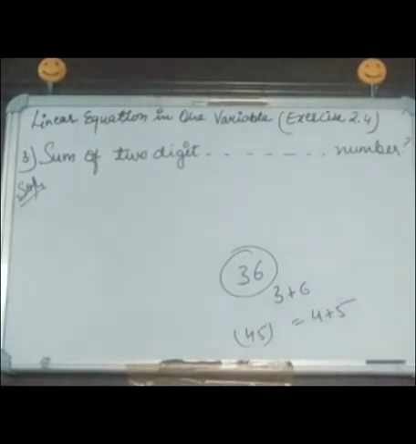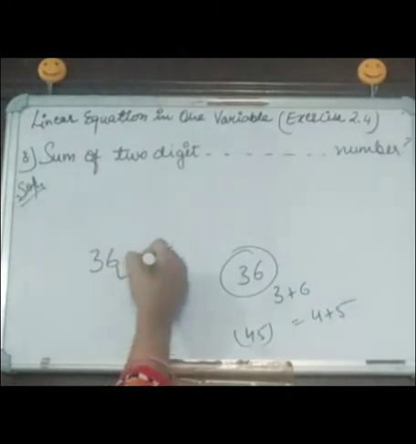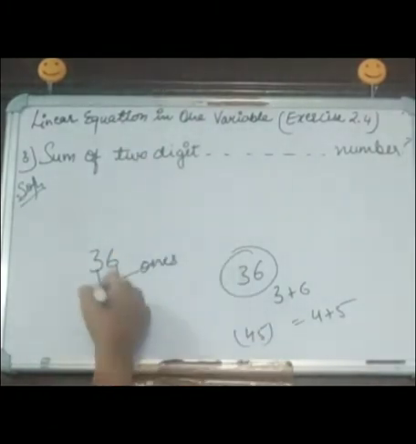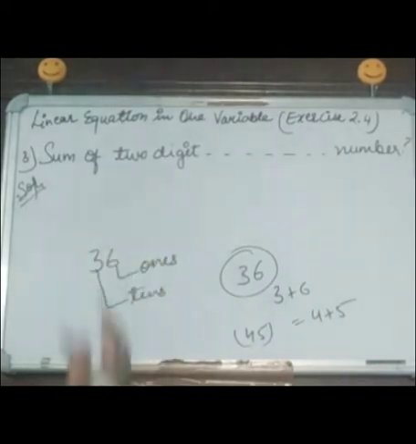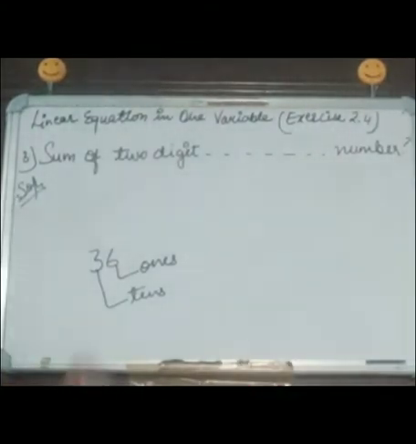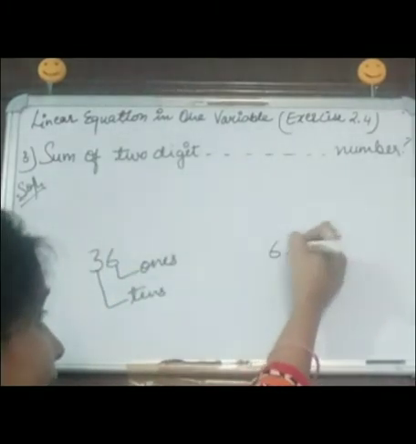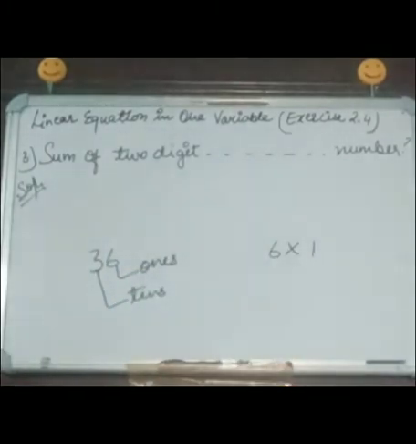Okay. First thing. Second thing, suppose I have this 36. So this is the 1's digit and this is the 10's digit. Everybody knows this. Now if we find out the place values, how will we find the place value of 36? 6 is at 1, so it will be 6 into 1.